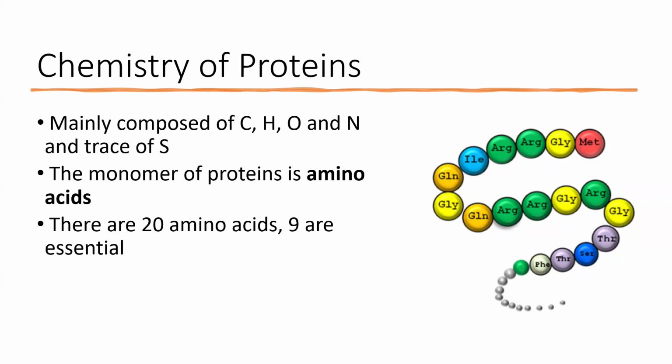So we have CHO and nitrogen, and a trace of sulfur. Trace means a little bit. The monomer of proteins, the building blocks, we call amino acids. If you want to build a protein, you take a bunch of these amino acids and connect them together.